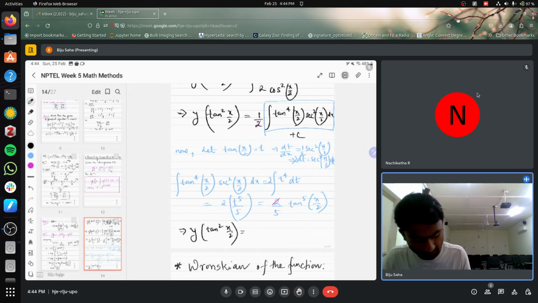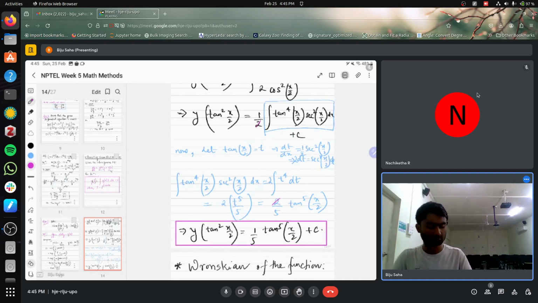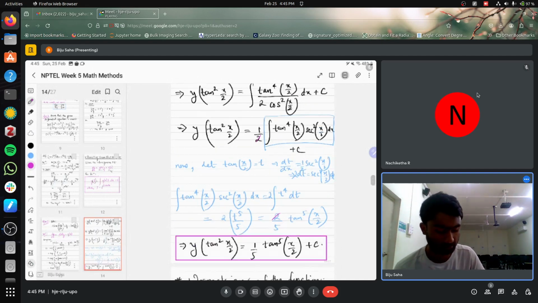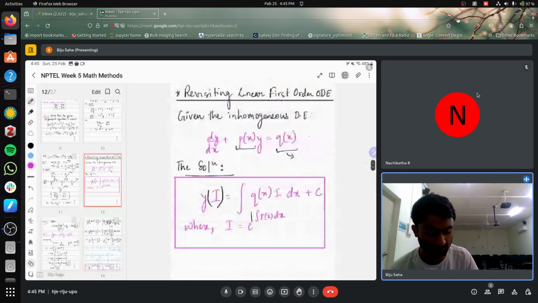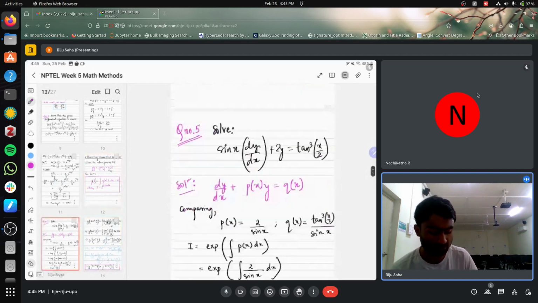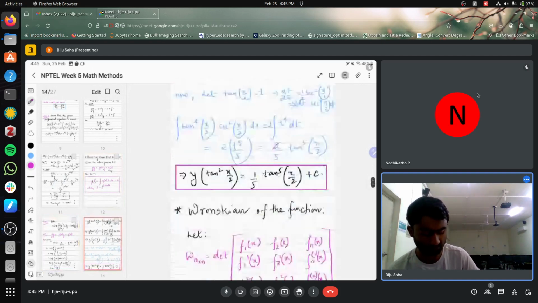So what you have is 1 by 5 tan to the power 5 of x by 2 plus c. So this is how we used this particular formula. Given an inhomogeneous linear differential equation, we used that particular formula and could arrive at a solution of that.